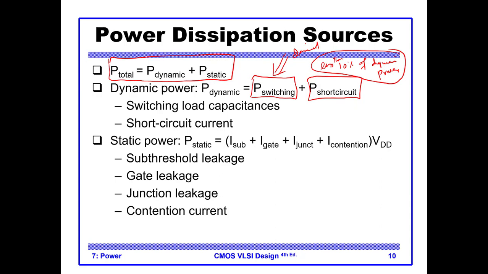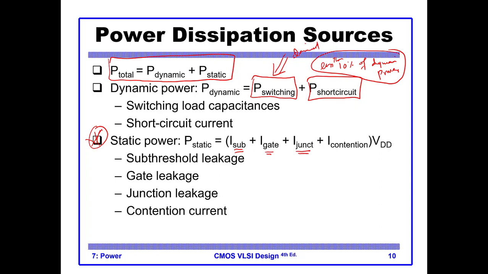Then the other one is static power consumption, and there are so many factors. This is due to the subthreshold leakage. The current can leak into the body of the transistor, and it can leak into the gate. Ideally the gate should not draw any current, but it can. In the latest nanometer technologies, there are junctions, for example the source drain junction, the source body junction, and the drain body junctions.